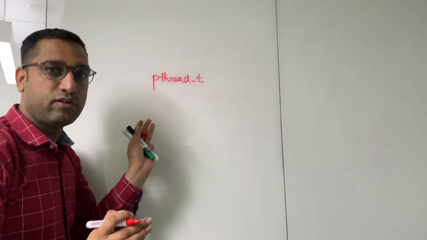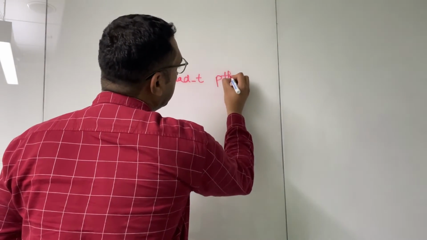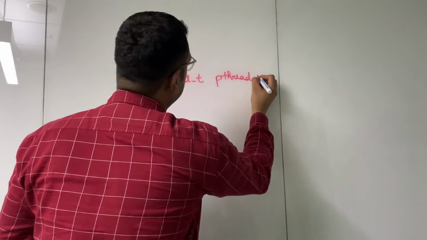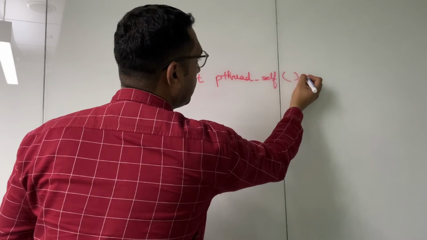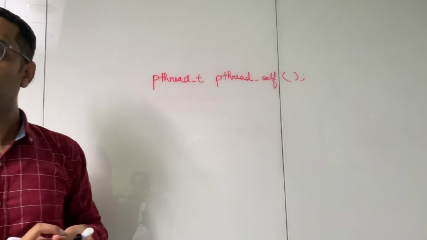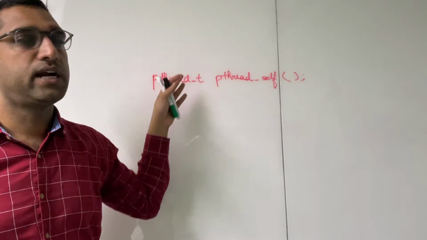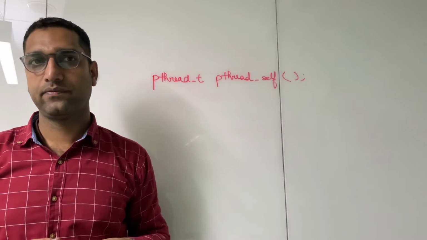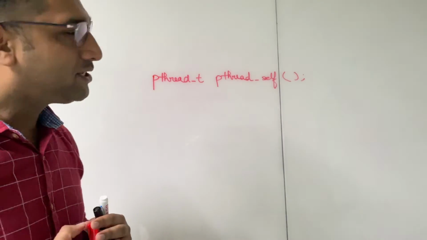The return value will be pthread_t, a thread ID this time. A call to pthread self returns the thread ID of whichever thread is calling it. Okay, that is clear.